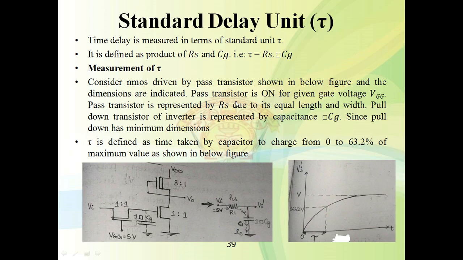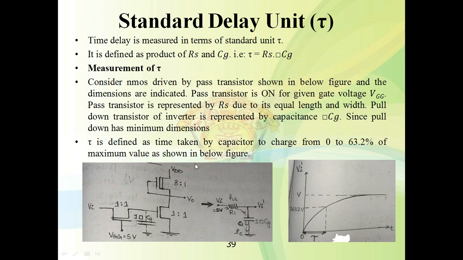The pull-down transistor of the inverter has minimum dimensions, as its length and width are equal, and hence it is represented by the capacitance 1 square Cg.